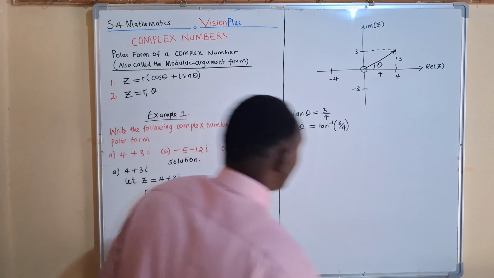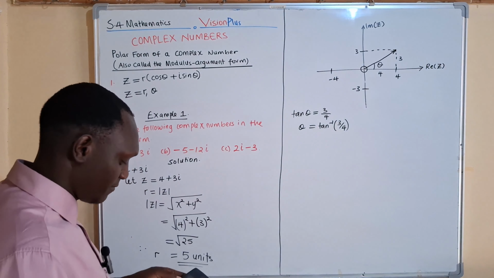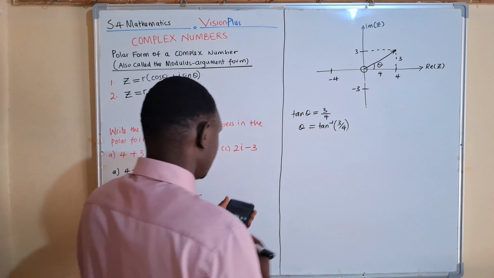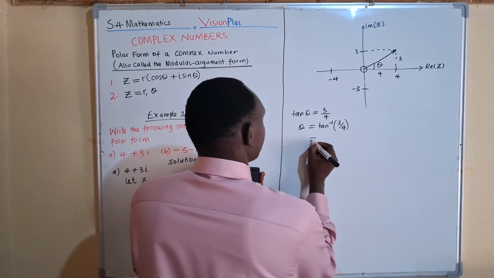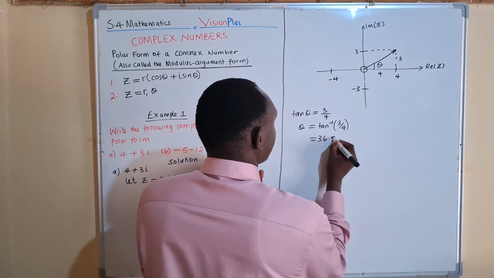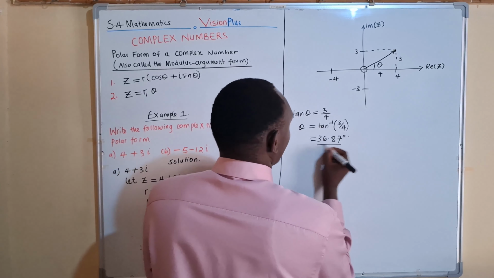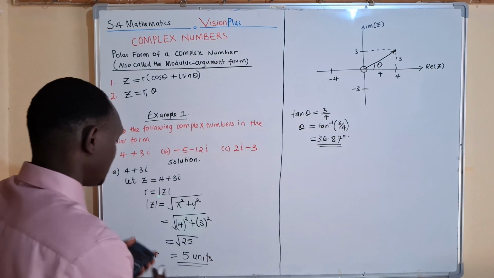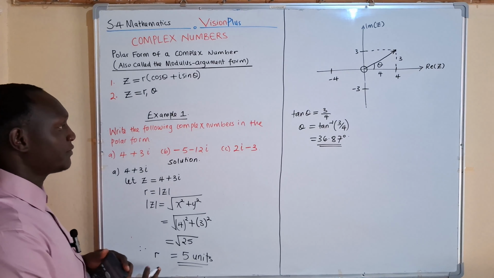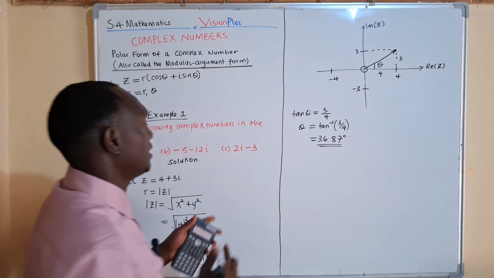It was around 30 something. 3 divided by 4, tan inverse, gives us 36.87 degrees. So after getting the argument and the magnitude r, we come and substitute.